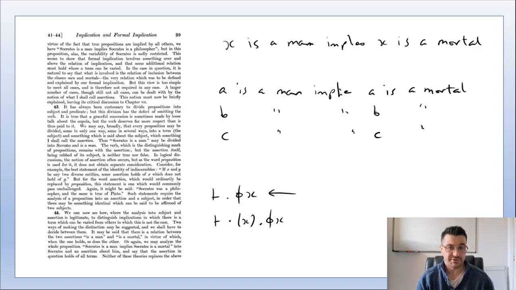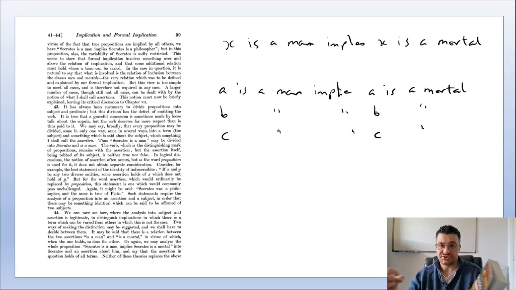I'm not sure in Principles of Mathematics whether that distinction is as pronounced. I think that there does seem to be a distinction there, but I don't think Russell has arrived at the point yet where he's fully disengaged these from each other, if that's the right word to use.